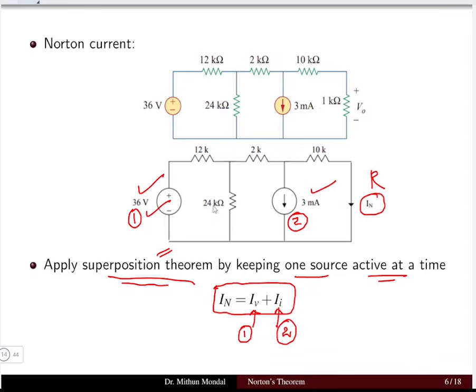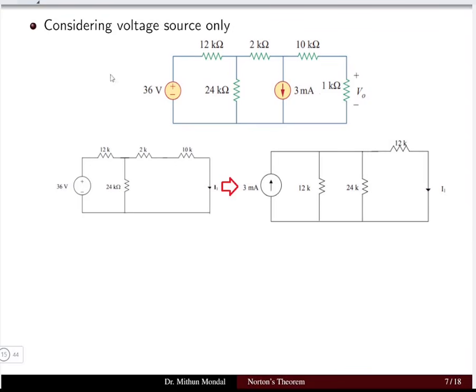So we have a voltage source and we have a current source. We will keep one source active at a time. When we keep the voltage source active, the current source will be open circuited. When we keep the current source active, the voltage source will be short circuited. So let us see how to do this. Now you keep the voltage source active. We have 36 volt and 3 milliampere.